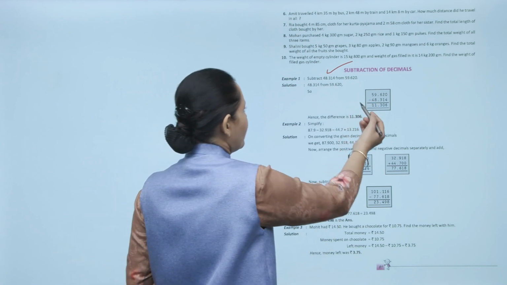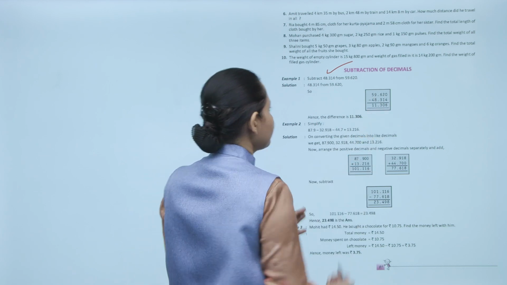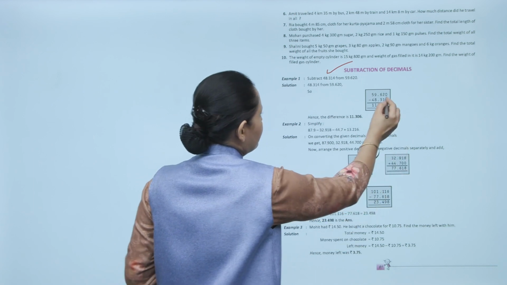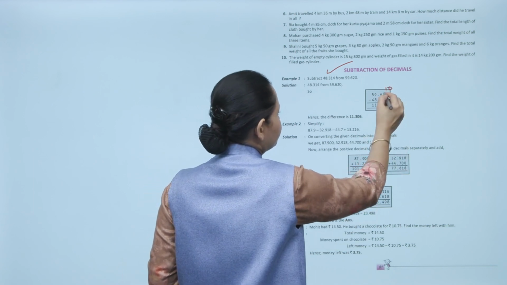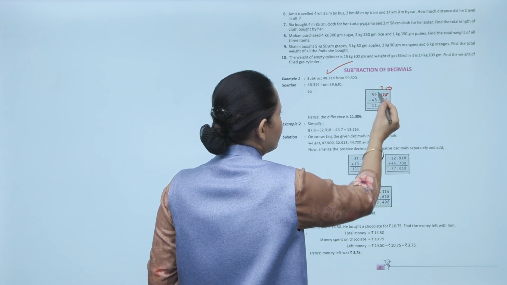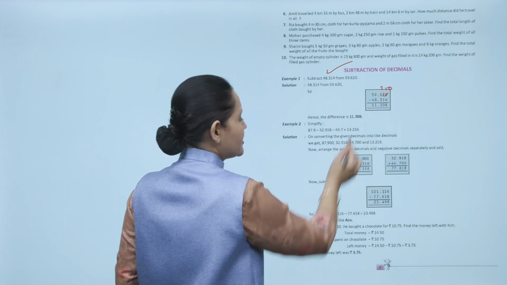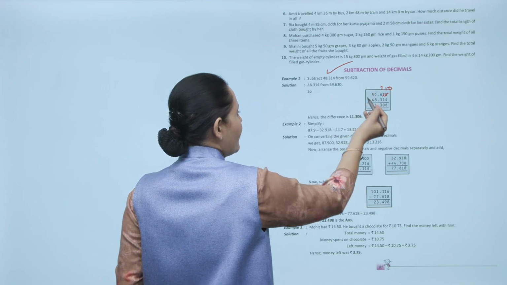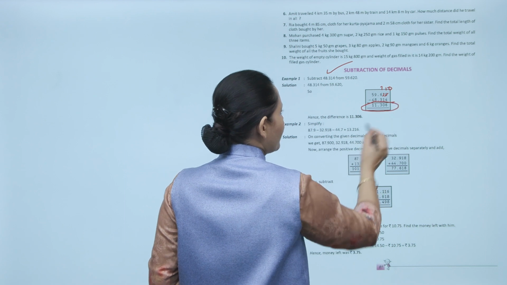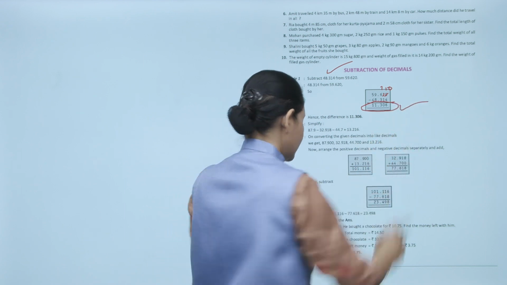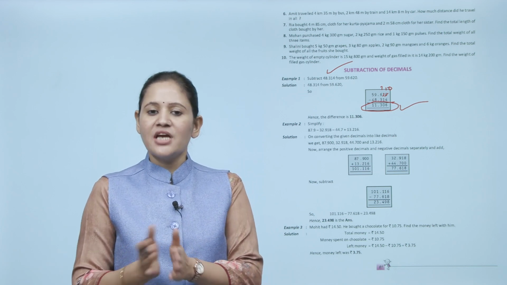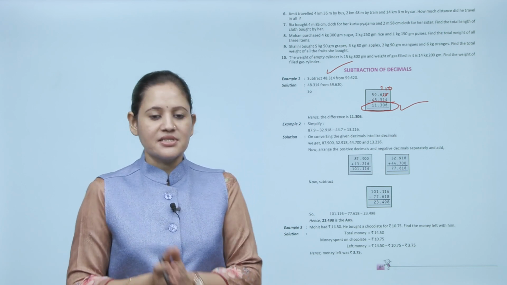So we'll arrange them in column. 59.620 में subtract करना है 48.314. ये जाएगा 10, 10 minus 4 is 6, 1 minus 1 is 0, 6 minus 3 is 3, then decimal आ जाएगा, 9 minus 8 is 1, 5 minus 4 is 1. So difference is 11.306. Like जैसे हम नेचुरल नंबर में करते हैं, like that we have to subtract in decimal numbers.